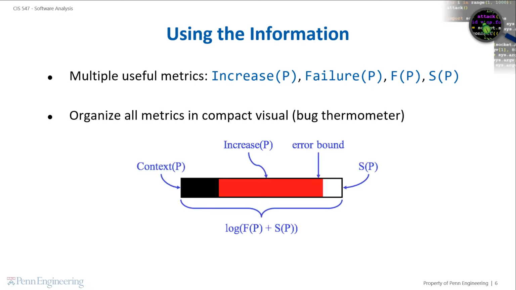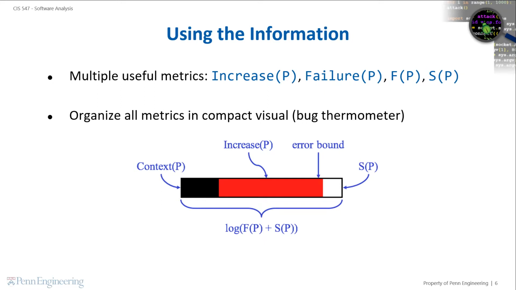For each predicate, we have a bar whose length is given by the logarithm of the total number of runs in which the predicate was observed to be true. So, small increases in the thermometer size indicate many more runs. The thermometer has a sequence of bands. The black band at the left end of the thermometer represents the context score of the predicate.